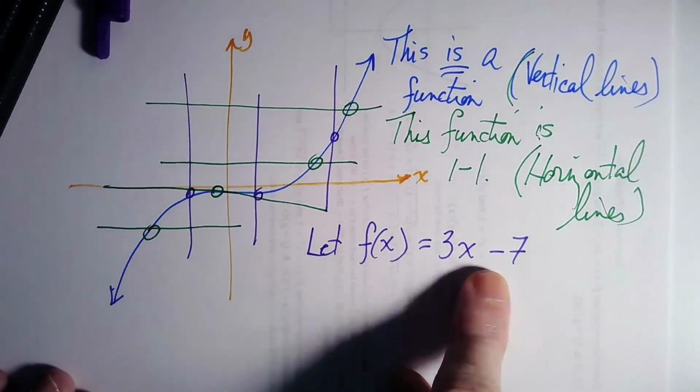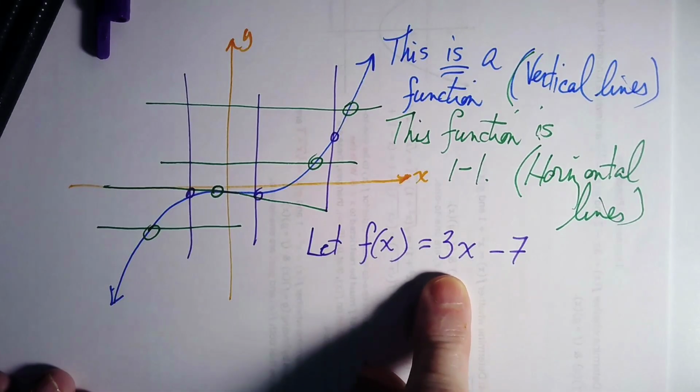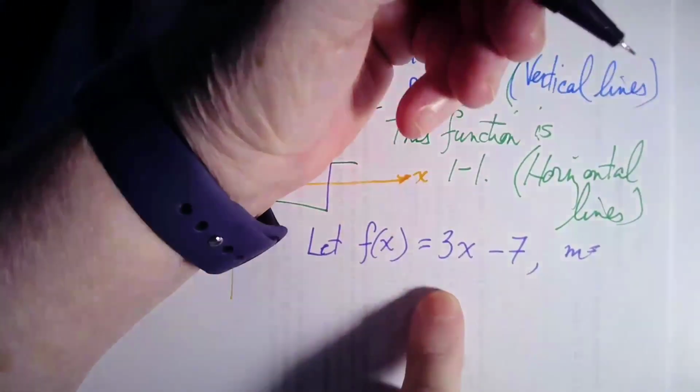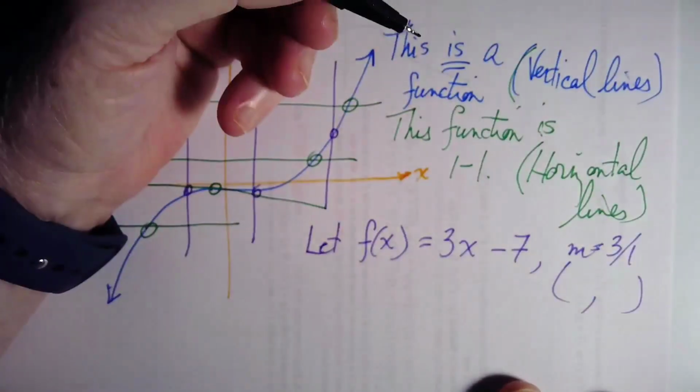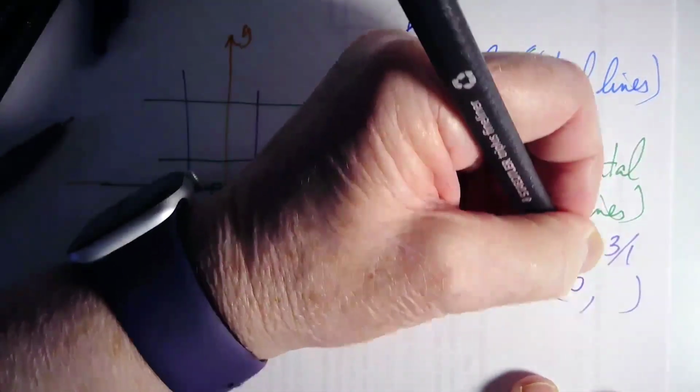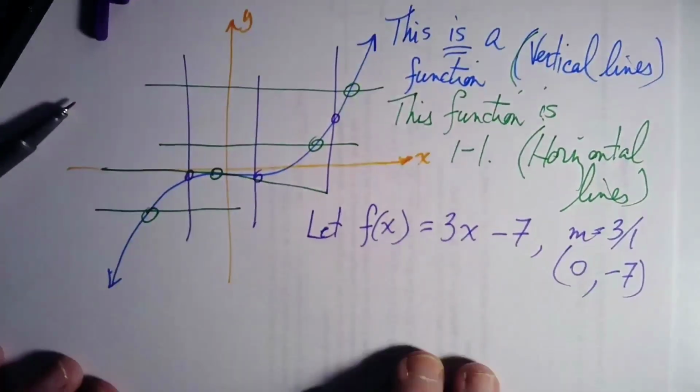We know that this is a line. What is the slope? I believe the slope is -7. Almost. Oh wait, no, 3. Yes. And the y-intercept is 0, -7. Yes. Good.